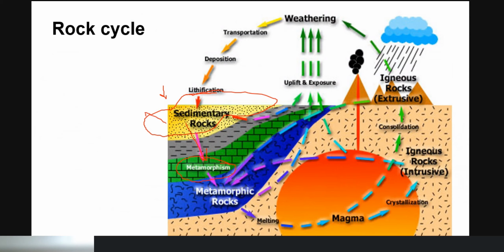Suppose in sedimentary rock there is sandstone, then we will get a metamorphic rock like quartzite. And if we have calcium carbonate or calcite rock, then we will get marble, which due to temperature and pressure is more compacted and its pore spaces have been reduced.